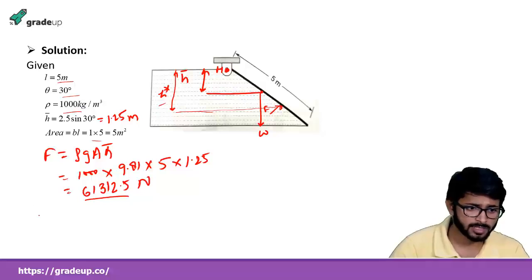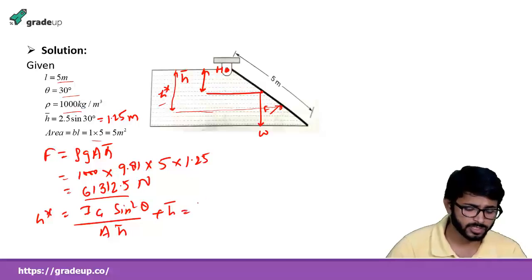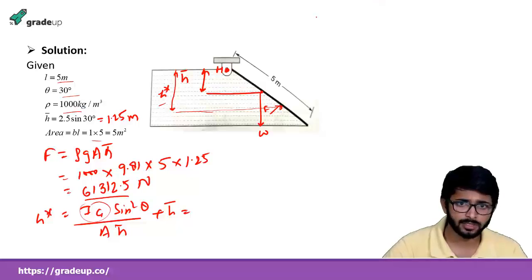Find the H star, the center of pressure. It will be Ig sine square theta upon area into center of gravity, plus center of gravity. Putting the equation here, for this we have to find the Ig.